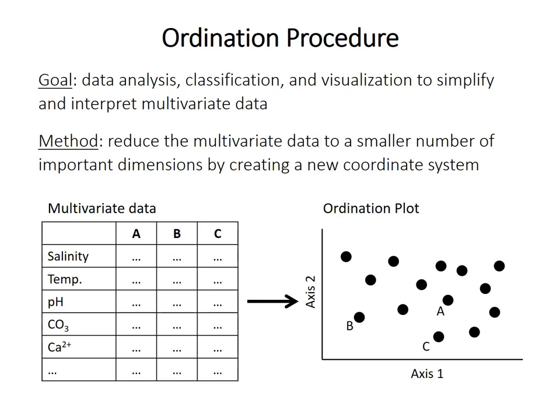This allows us to focus on a reduced number of important dimensions, and those dimensions are synthetic variables that represent linear combinations of the original variables. So in this example here, axis 1 corresponds largely to changes in pH and bicarbonate. I'll explain what these arrows mean towards the end.